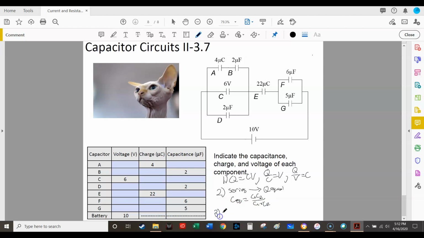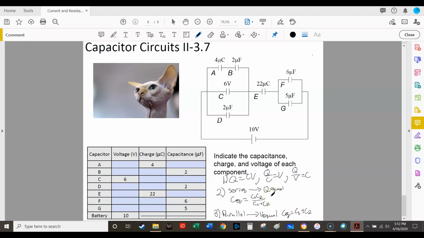Rule 3, if you see 2 capacitors in parallel, then the voltage is equal. And that if they are in parallel and you want to put those 2 capacitors together, it's just like adding them together.